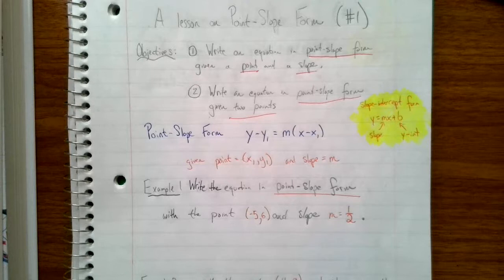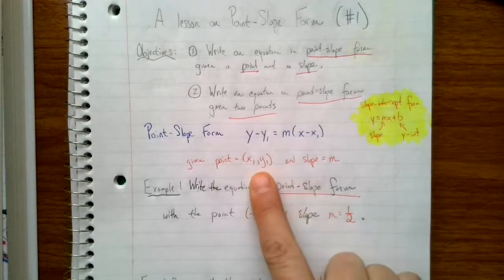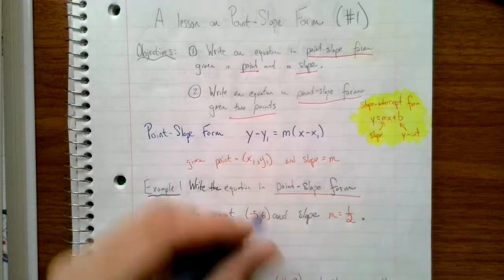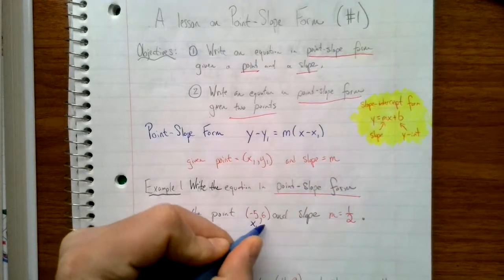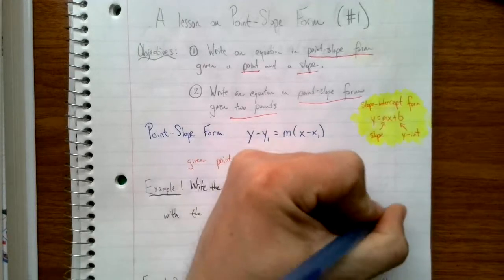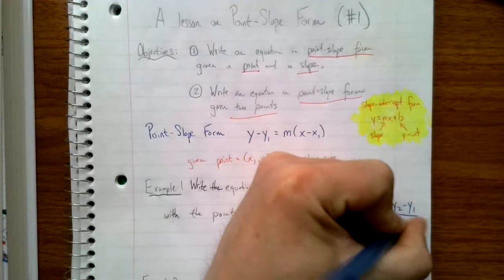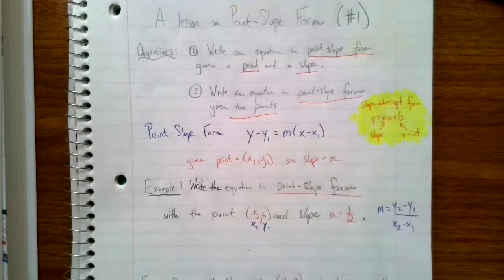So the first thing I'm going to have you do is label our point x1, y1. And if you'll remember, this is something we've done before when we've calculated the slope between 2 points, where we had that little formula y2 minus y1 over x2 minus x1.